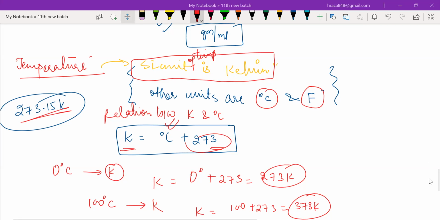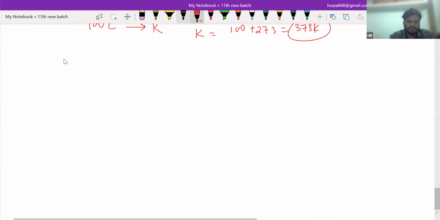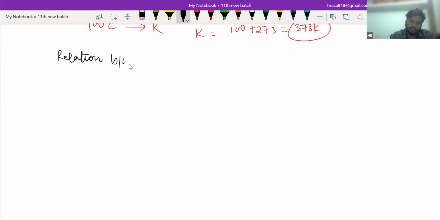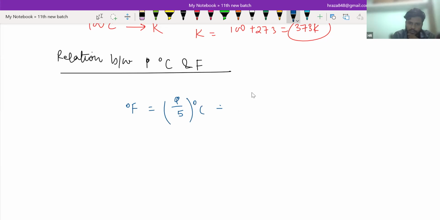Now see, we have a formula in NCERT too, the relation between degree centigrade and Fahrenheit. Degree Fahrenheit is equal to 9/5 degree centigrade plus 32.